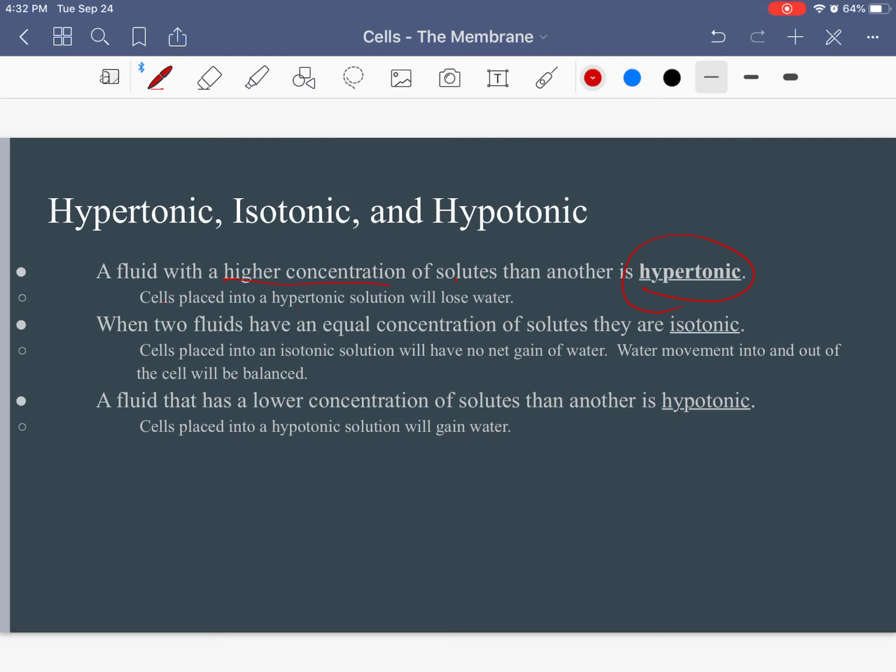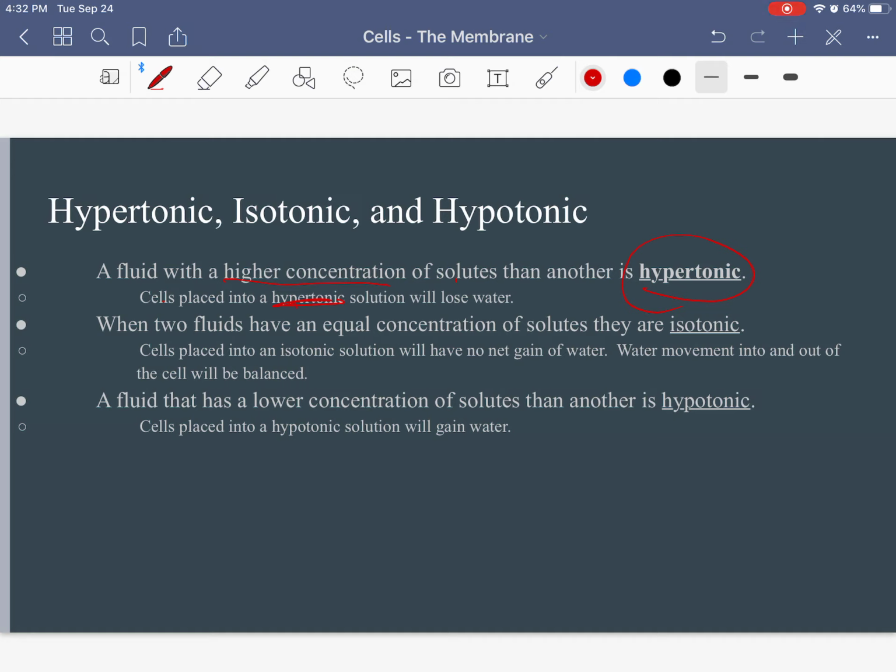So if I place a cell in a hypertonic solution, the water inside the cell is going to want to leave, because we're trying to reach equilibrium. It's going to try to move to that highly concentrated solution outside of the cell in order to reach the same concentration of water inside and out.